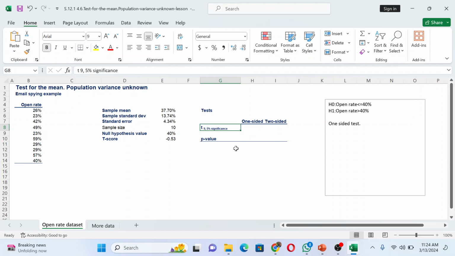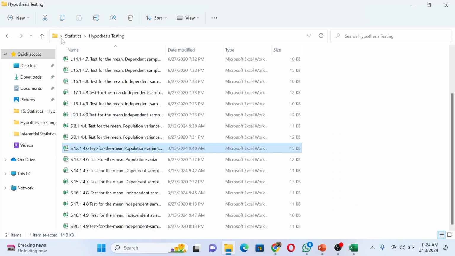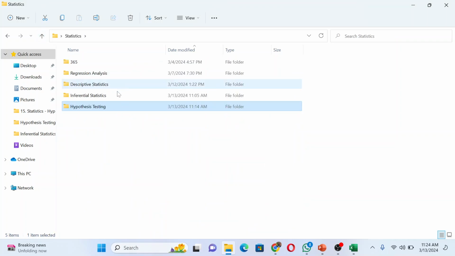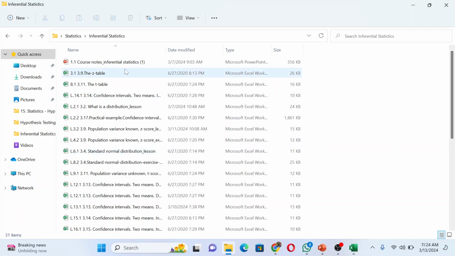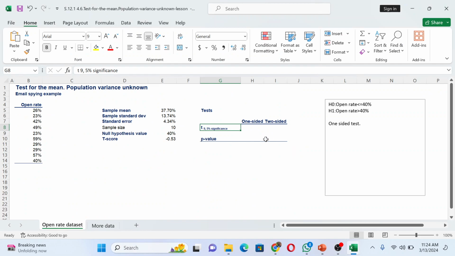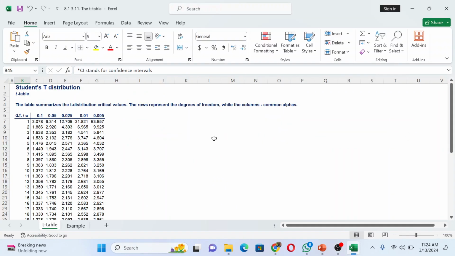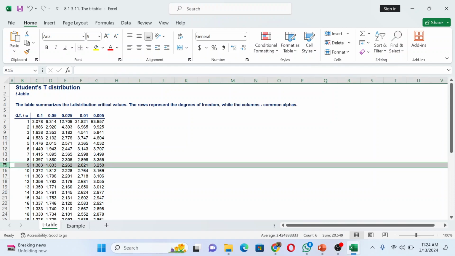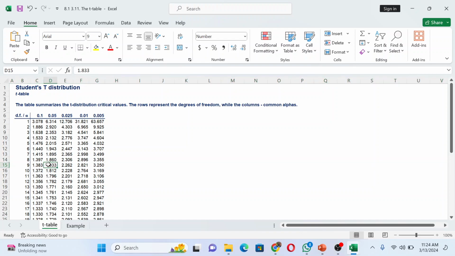So now we are going to our t-table, our student's t-table, in inferential statistics. We are going to read at 9 and 0.05. This one is 1.833.